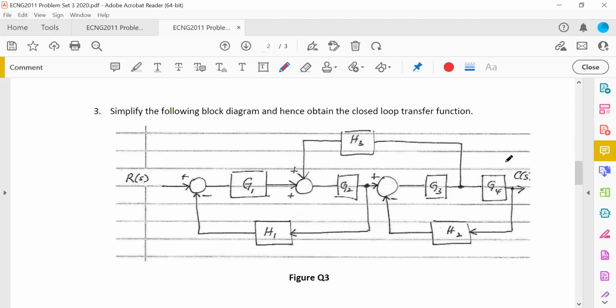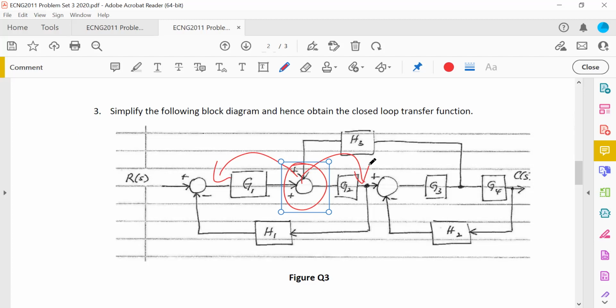We can take summing junctions and move them before or after a block. So I can move that summing junction before G1, or I can move it after G2.